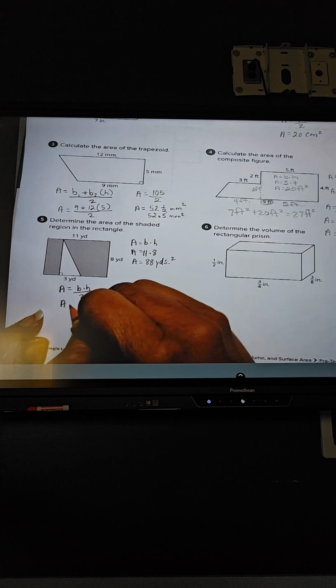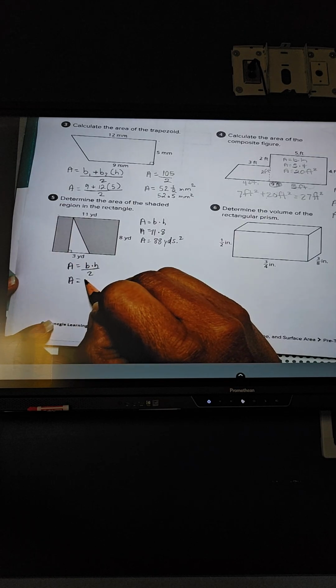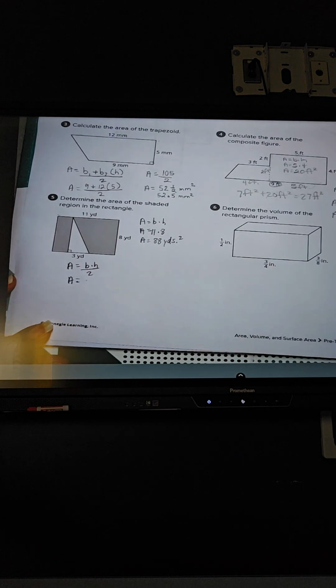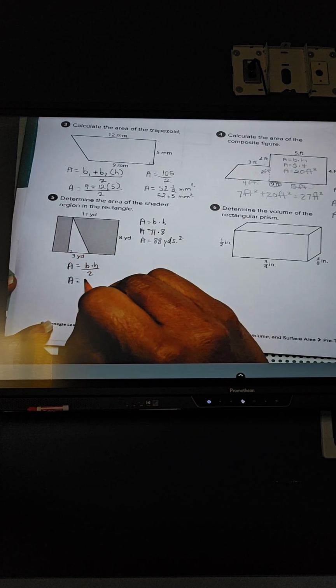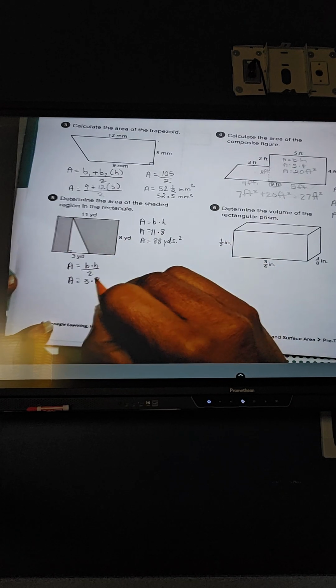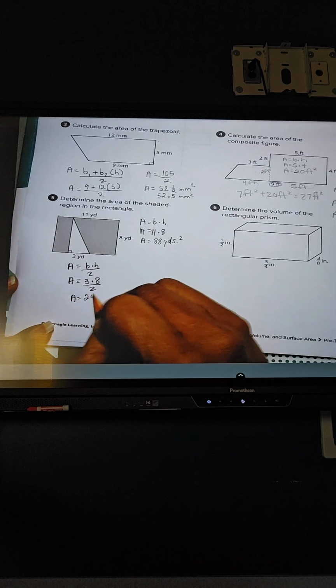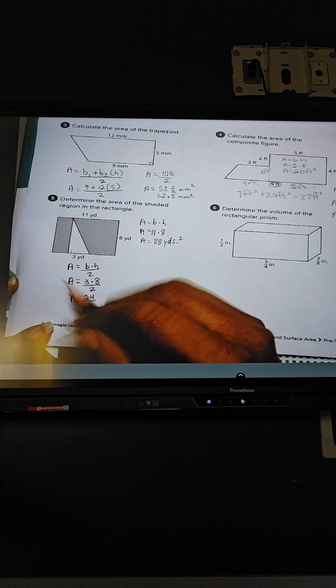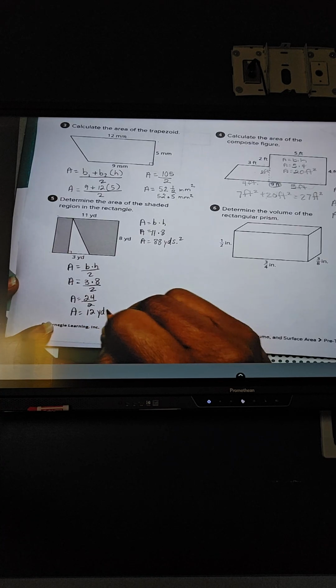Area equals, base is 11, no, I'm sorry, thinking about this one. Base here is 3 times the height, so from the bottom to the top is 8, divided by 2. Area equals 24 divided by 2. Area equals 12 yards squared.